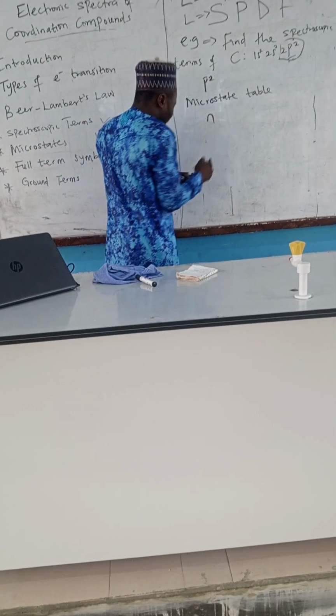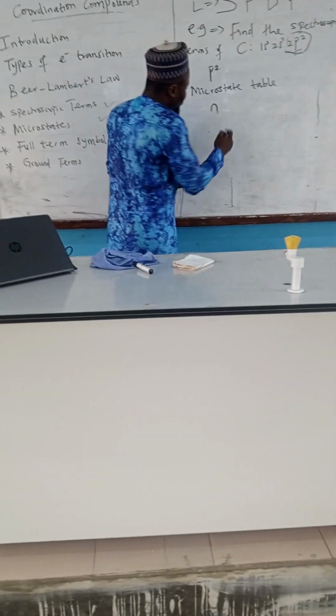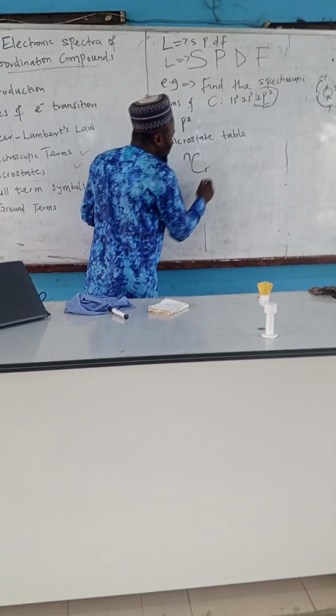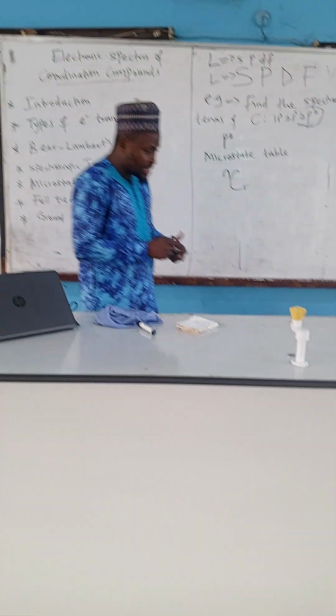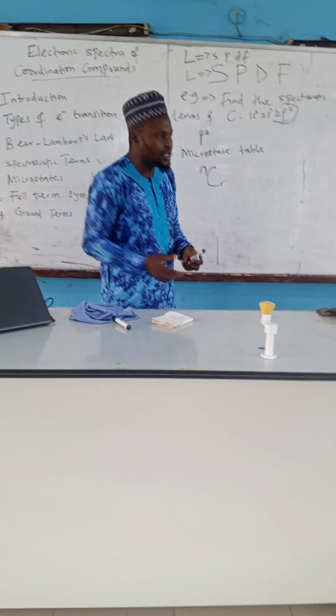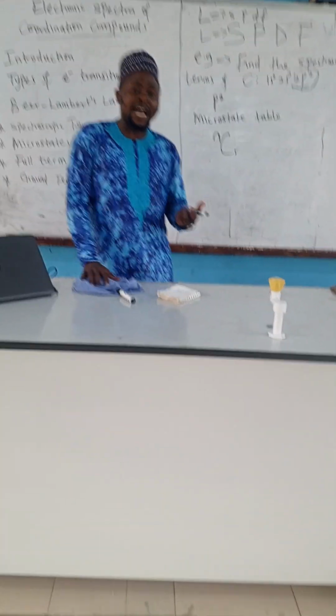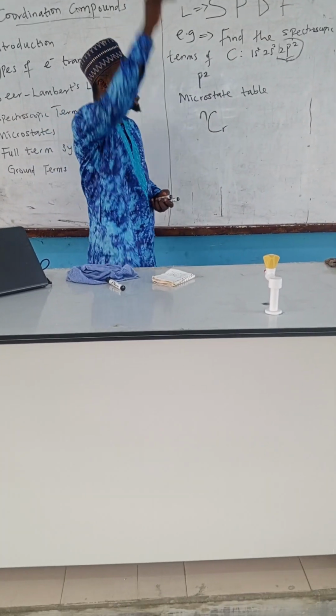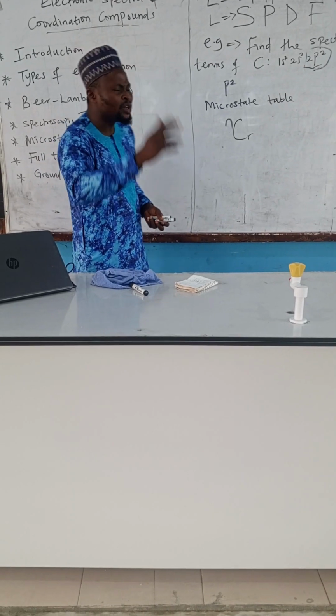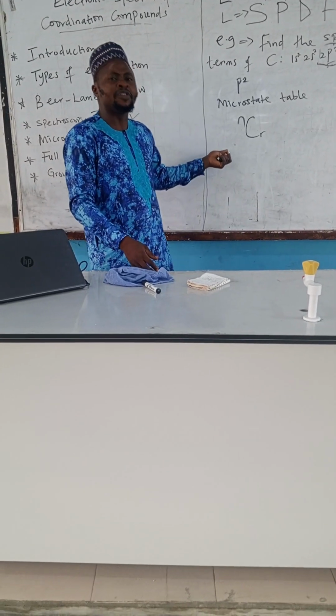The formula is n combination r. When we were undergraduates, we were taught mathematics: factorial, combination, permutation. This is one of its applications.